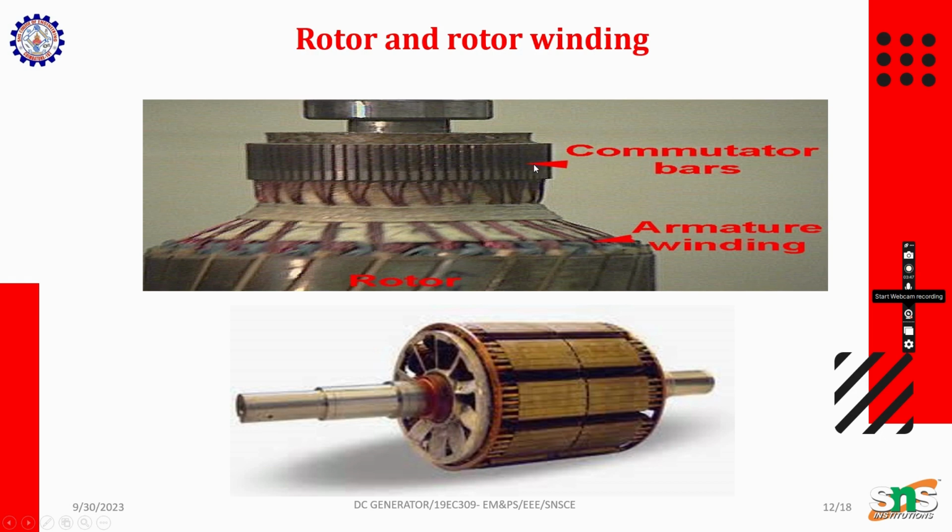And this part is called the commutator, which is required in the DC generator, where it produces alternating flux between the magnet and the field. To get the output as DC, we will be using commutators.